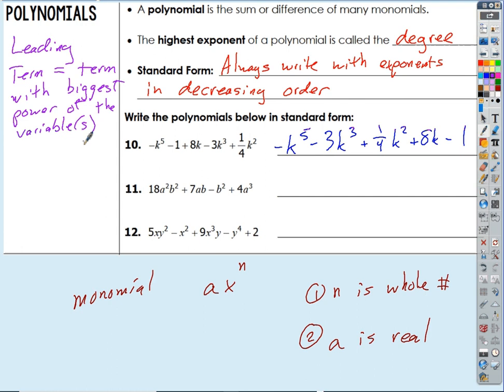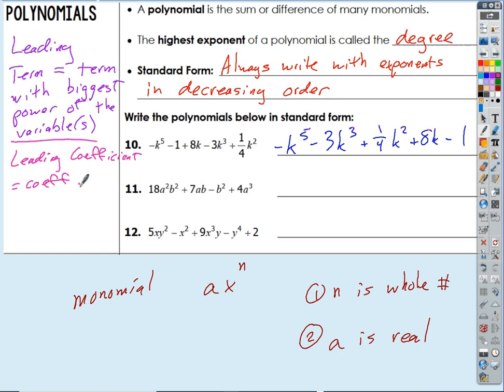So that's the leading term. What's the leading coefficient? Yes. That's just the coefficient in the leading term.